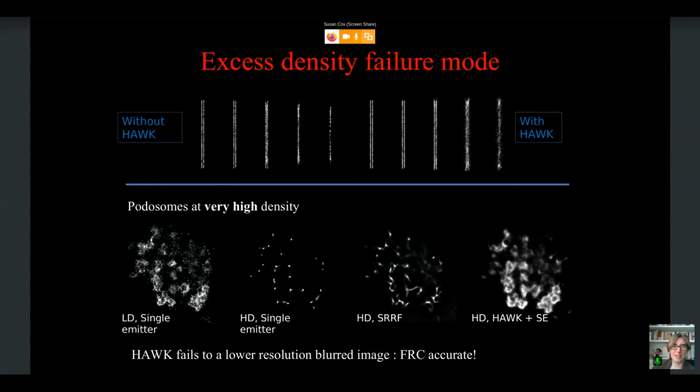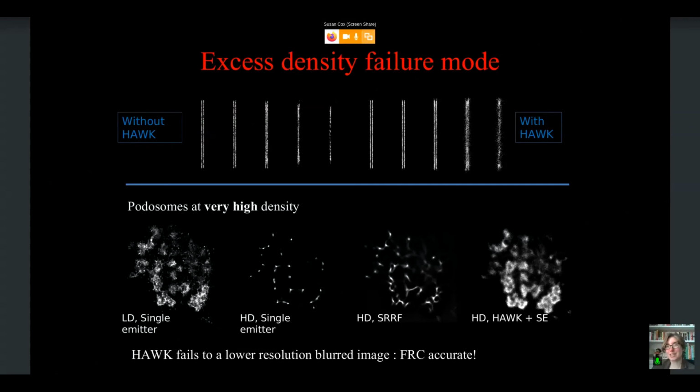And here on the top left, I'm showing what the results look like without Hawk, and on the right with Hawk. And on the bottom, I'm showing what happens when you have very, very high density of podosome data of the type that we'd already seen. And you can see that Hawk doesn't necessarily get you something that looks super resolution, but it also doesn't look artificially sharpened.